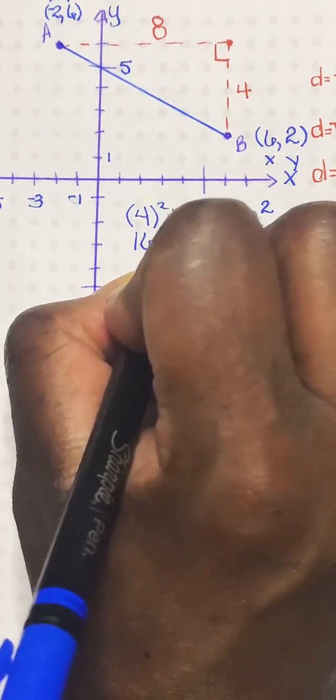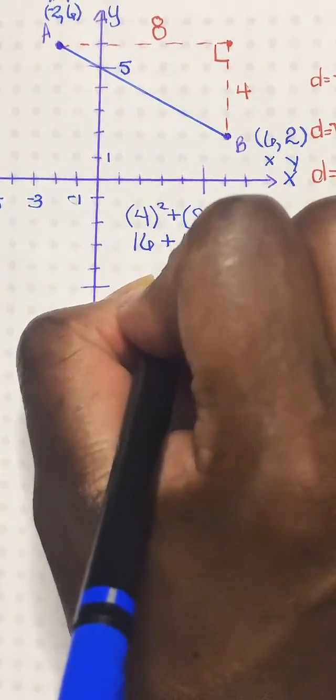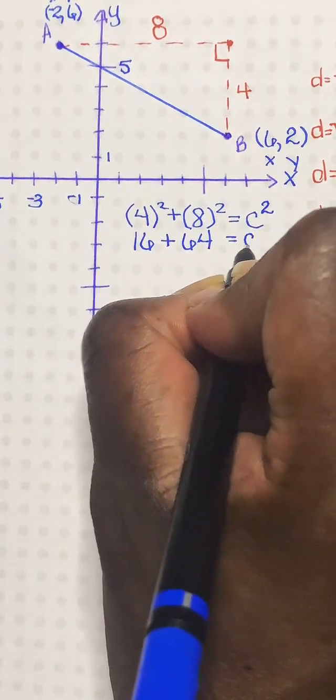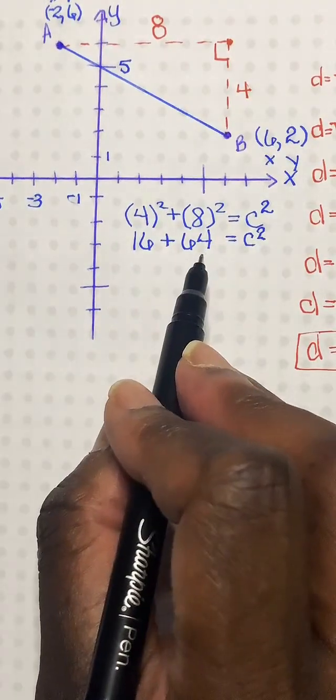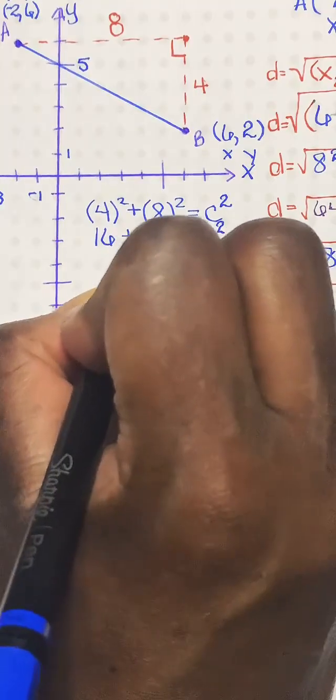That sounds familiar. 8 squared, 8 times 8, which gives me 64. And that's going to equal my c squared. 16 plus 64, that's 80.